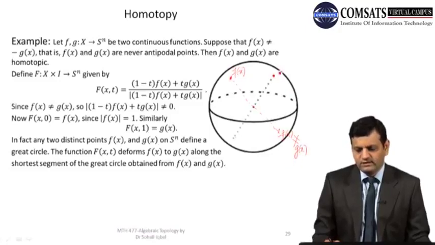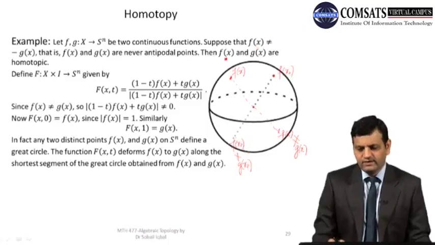Similarly, if this is f(x0), then this is minus f(x0), but we are saying that this is not equal to g(x0). So we are saying that f and g are homotopic under this condition. The only condition we imposed on f and g is that they are never antipodal points.